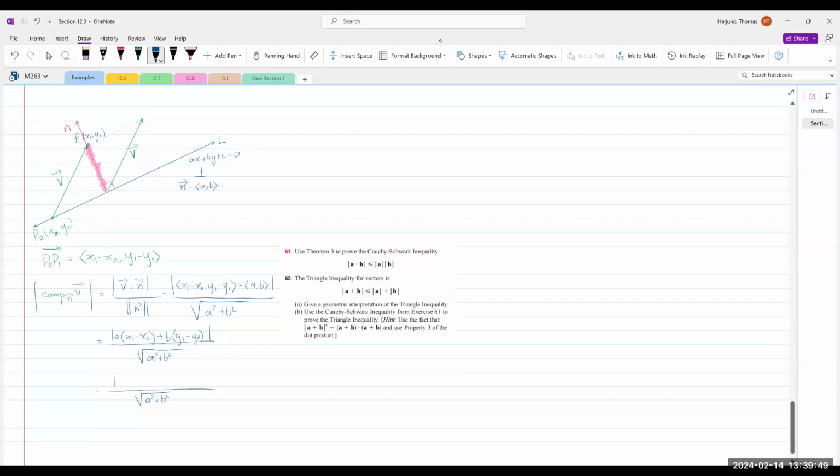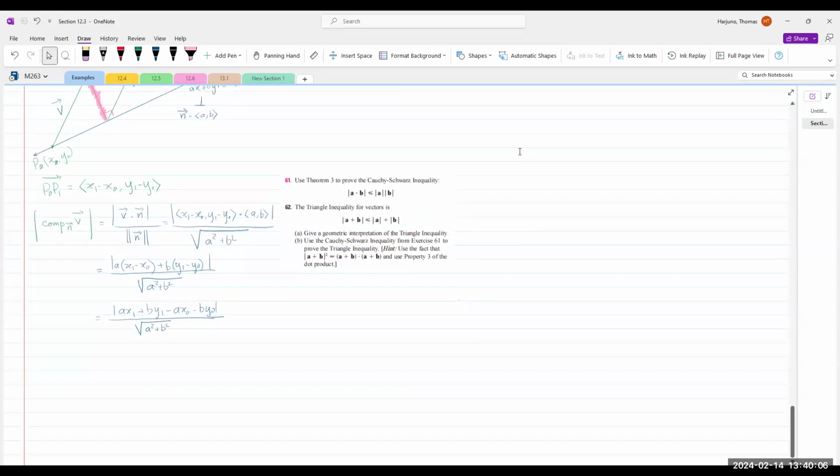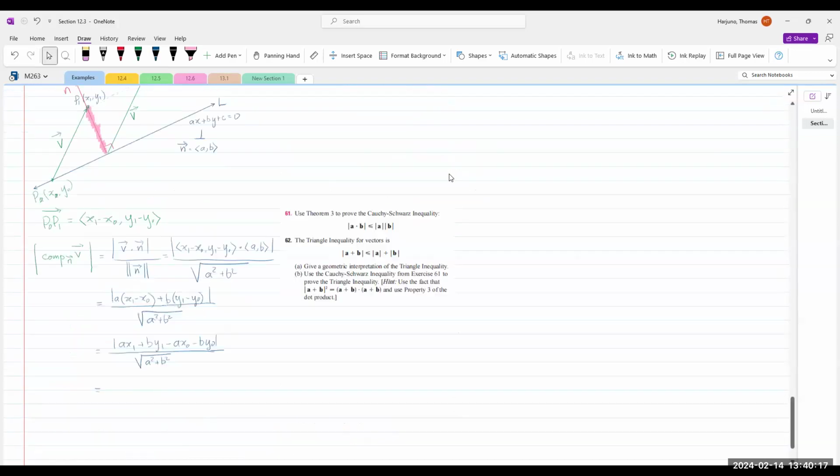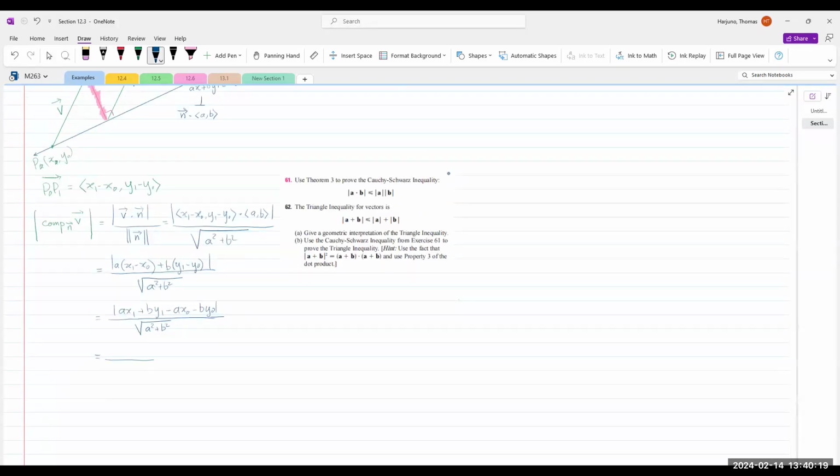That will give us a times x1 plus b times y1 minus a times x0 minus b times y0, which I will rearrange as this.